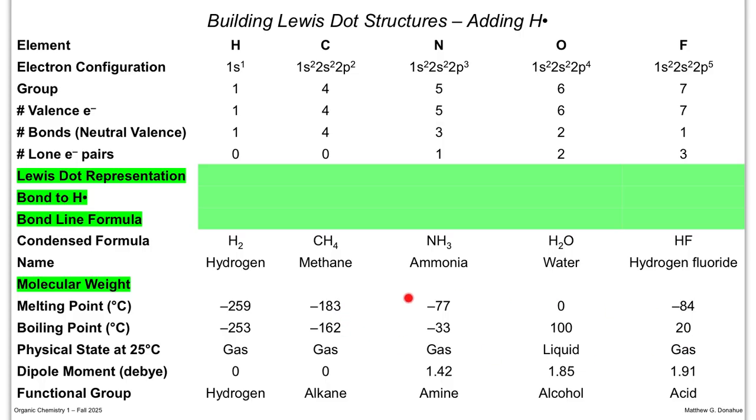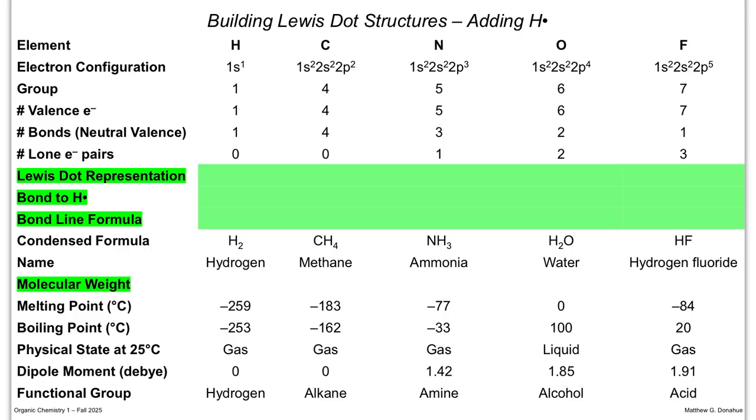So these other numbers, as I said, that's just data that we can pull from the internet. Notice now for the dipole moment of ammonia, that's referring to the entire molecule itself.